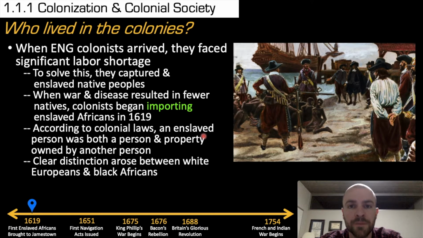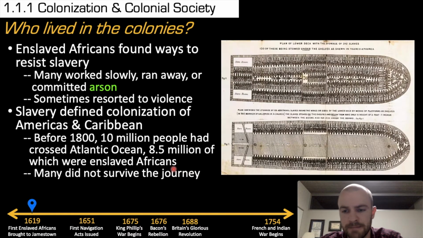And we'll get there, actually, in our next unit on westward expansion and the growth of the nation. It's really going to set the stage for our third unit on the Civil War. So there's a clear distinction that arose between white Europeans and black Africans at this time.